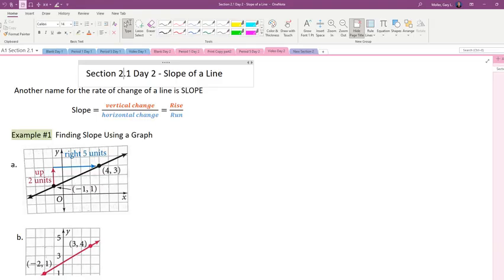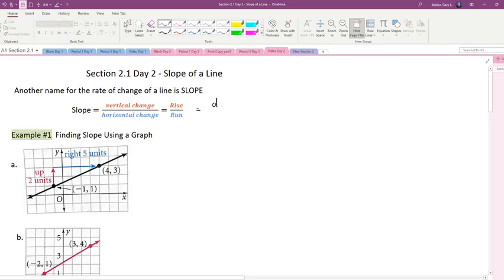We had talked about yesterday in a previous video that the rate of change is the change in the dependent variable over the independent variable.